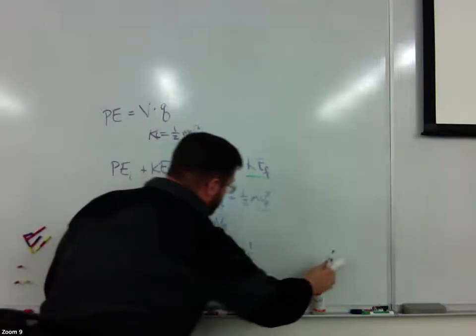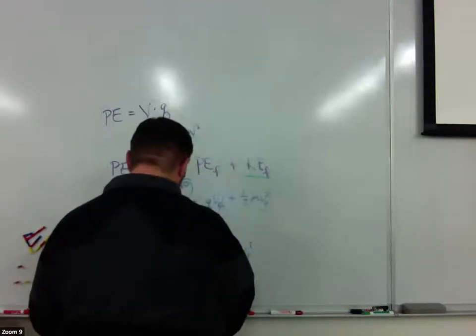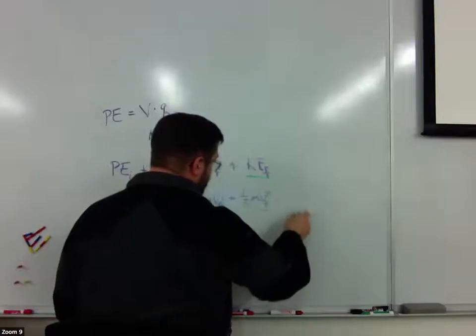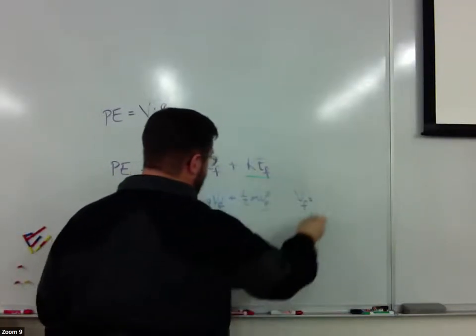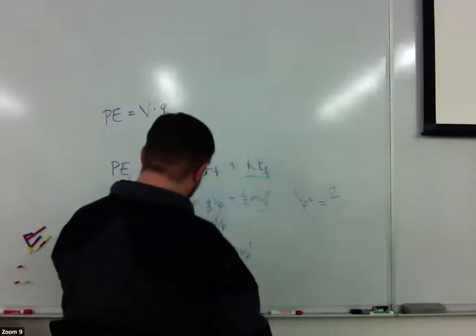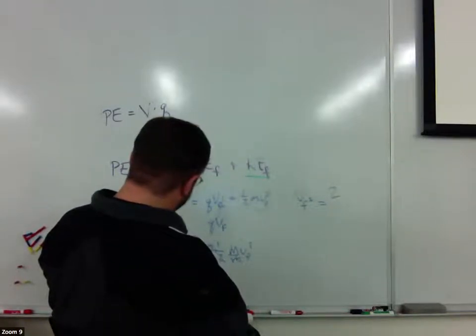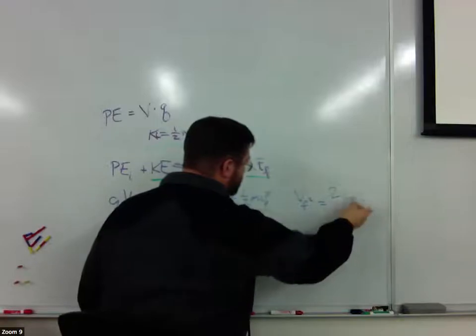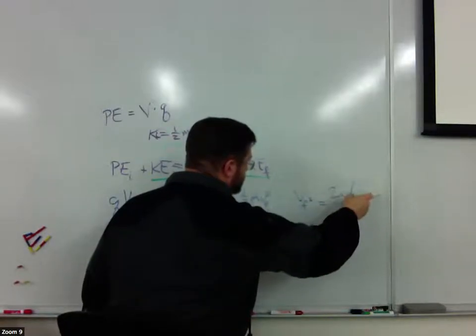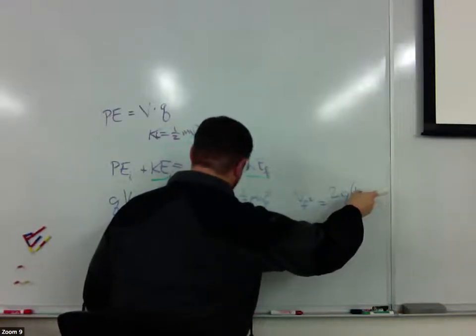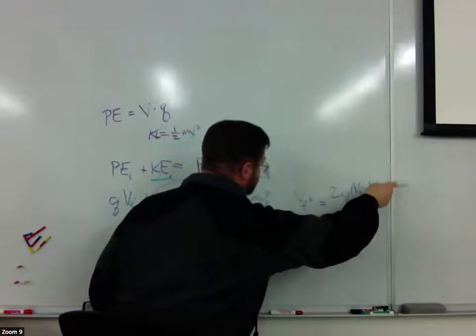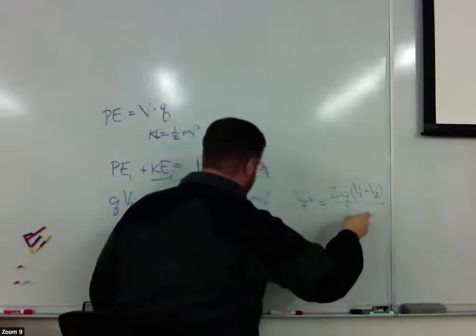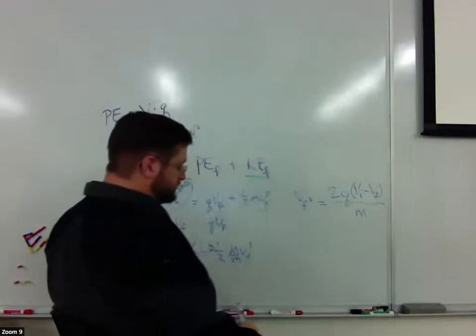So the equation that I get in the end to solve for is v final squared on one side, and on the other side, I get 2 times Q times V initial minus V final, so I'm going to actually pull out the Q, and I'll just get V initial minus V final, voltage initial minus voltage final, all over the mass m.